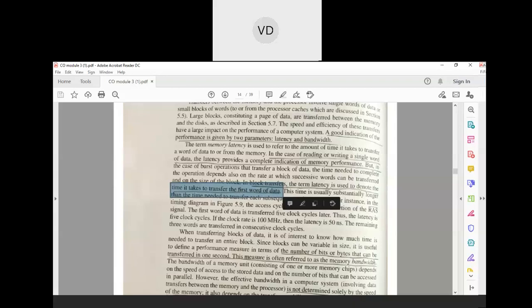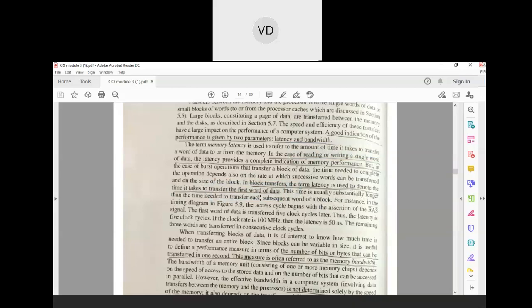But when we are doing the single word transfer, what is latency? It is the amount of time it takes to transfer that complete word, only that word. When we are taking block transfer, the time it is taking to transfer only the first word is called the latency.